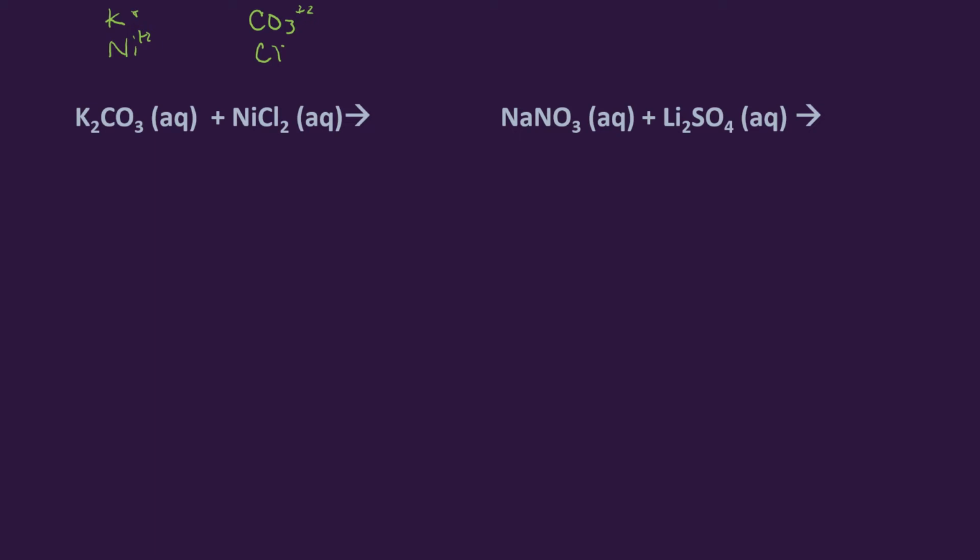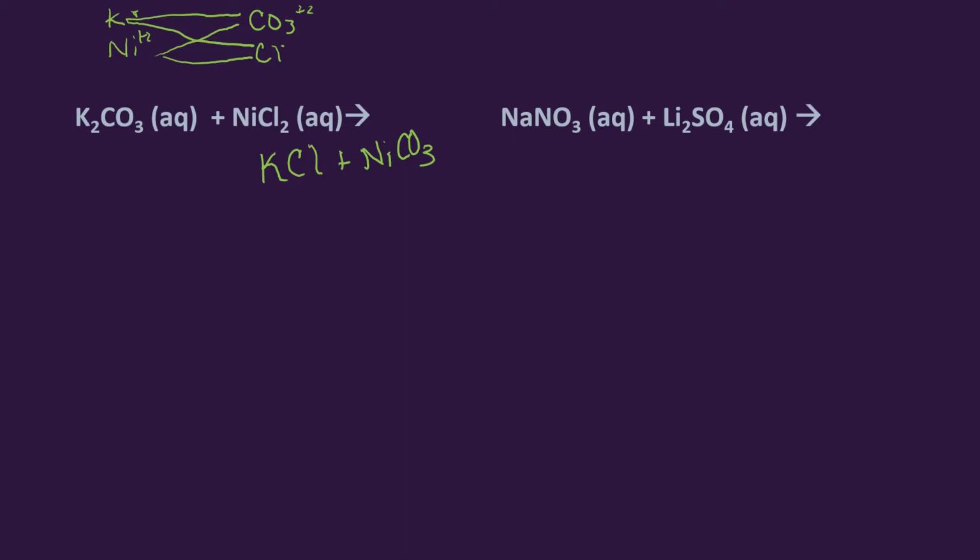If these are the ions that we have in our aqueous solution, then the potassium can pair with this one or this one, and the nickel can pair with this one or this one. Well, we started with the K2CO3, so our possible products are KCl and NiCO3.